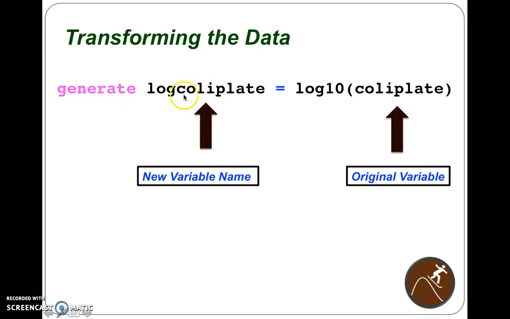So generate the variable log Kohli plate equals log 10 parentheses Kohli plate. This is the original variable. So these are the original data, and we're telling it to generate this variable that does a log 10 transformation of this. And it'll create a new column for us with this new variable name.